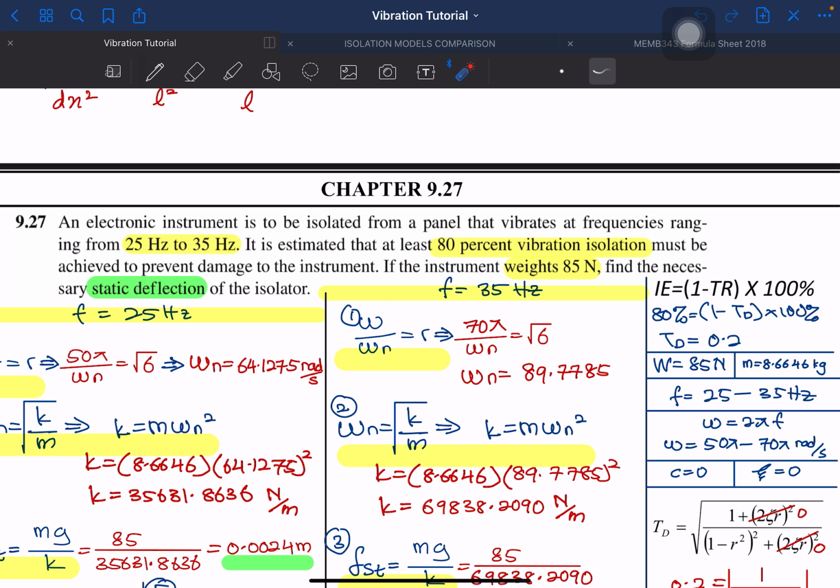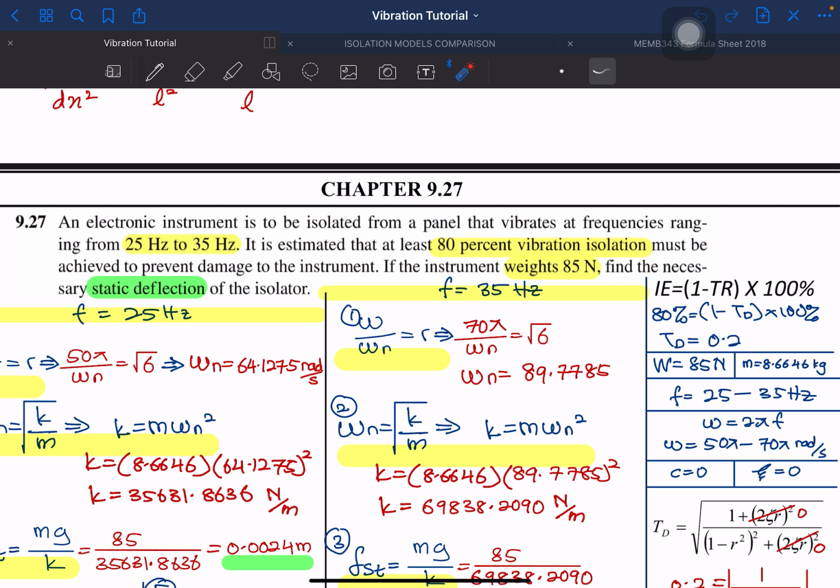Given also the weight is 85 Newton. You can use the formula where weight W equals mg. If you want to find m, then m equals weight divided by gravity.